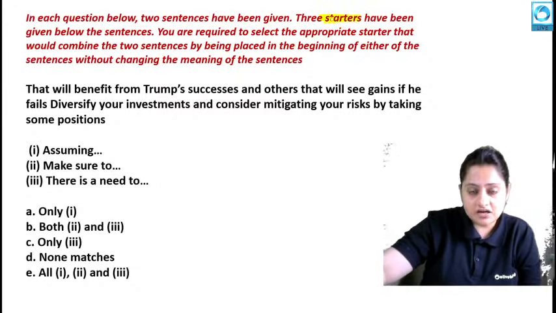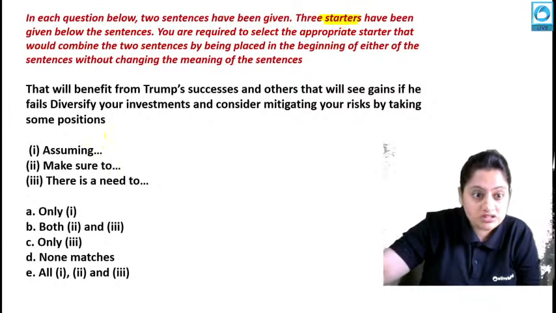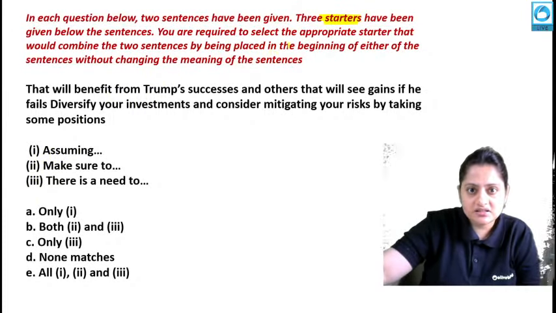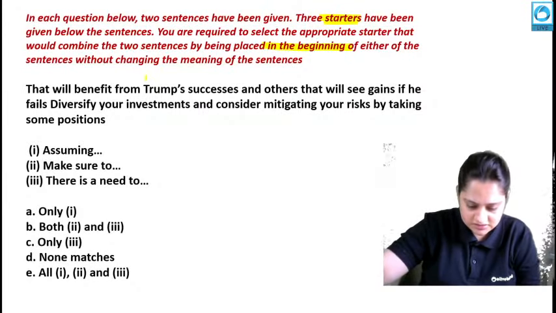One thing, starters are given. You have to start with any of these phrases to combine the sentences. Remember, 1, 2, 3, whatever option you select should be placed in the beginning of either of the sentences. You cannot change the meaning. You have to combine without changing the meaning of the sentences, right?